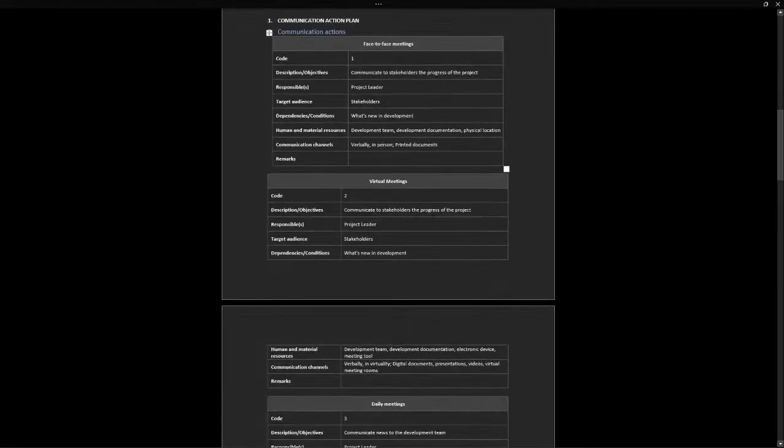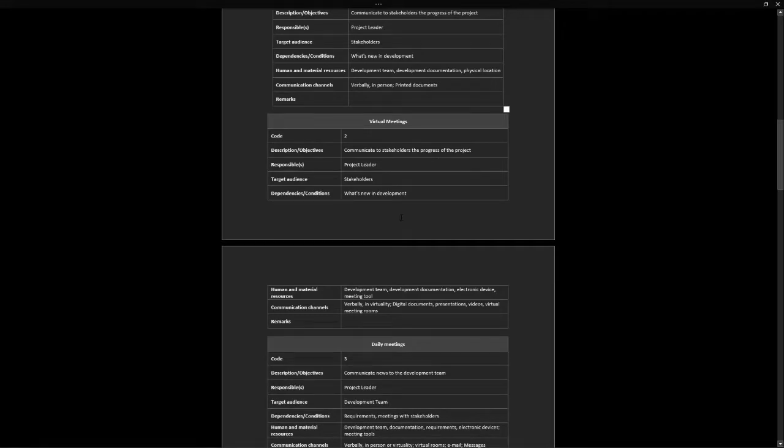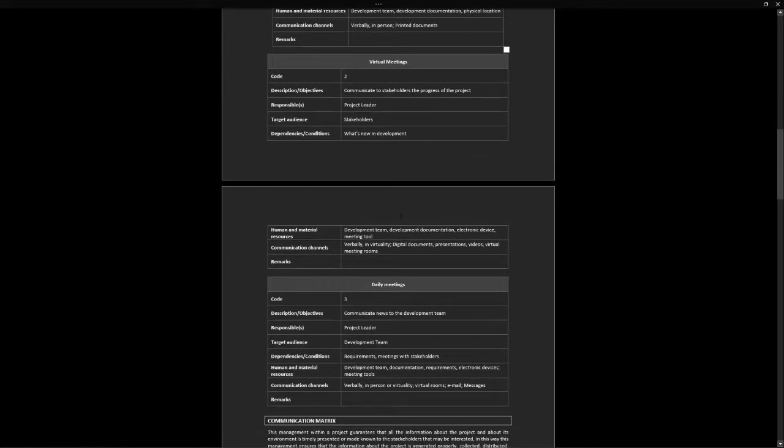Then we have the virtual meetings, our code number 2. Basically, communicate to stakeholders the progress of the project. As responsible, we have the project leader. Our target audience, we have the stakeholders. As dependencies or conditions, basically as the previous one, what's new in the development, or what progress do we have since the last meeting.